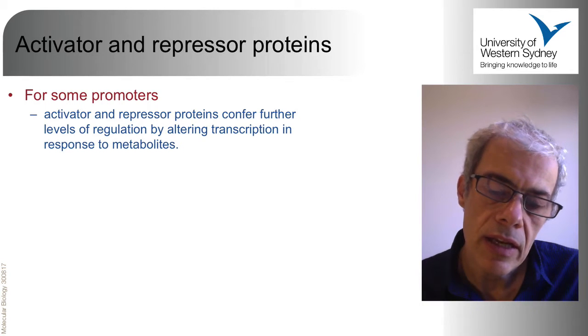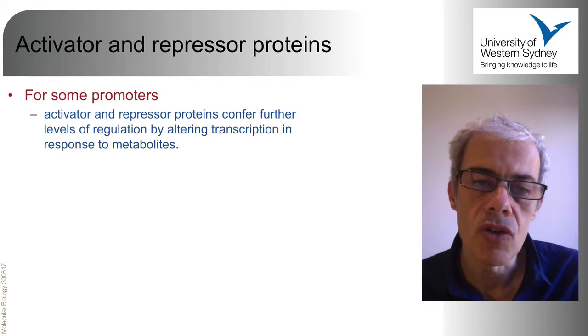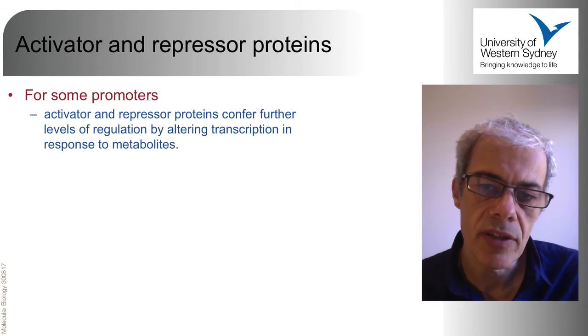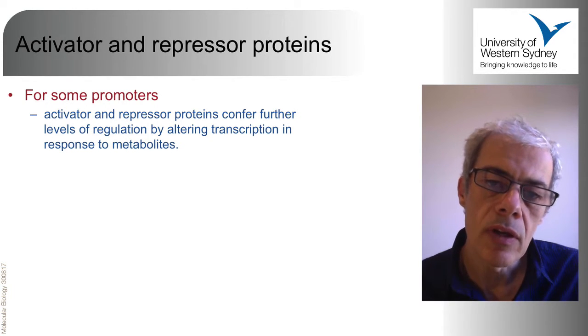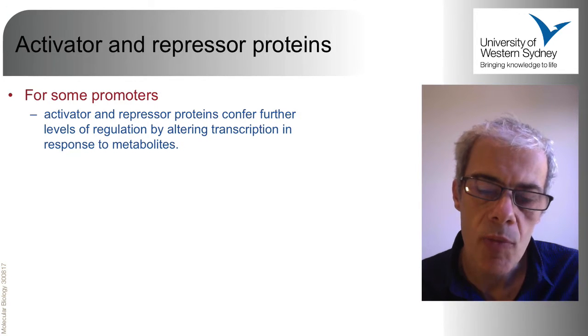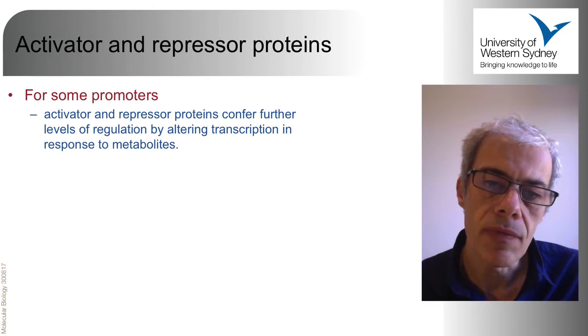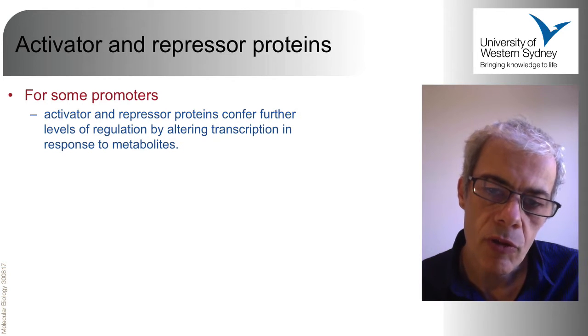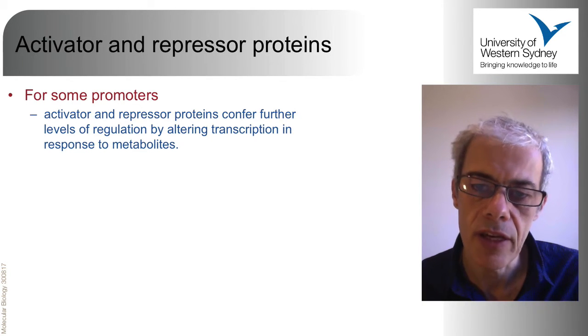And in a very clever way, the control of these activators and repressors is often tied in with the presence or absence of small molecules such as metabolites. And in the case of the Lac Operon, it's a byproduct of the sugar that controls the repressor. Okay? And likewise for the tryptophan operon, the tryptophan amino acid is also able to interact with the repressor to control the expression of that gene.